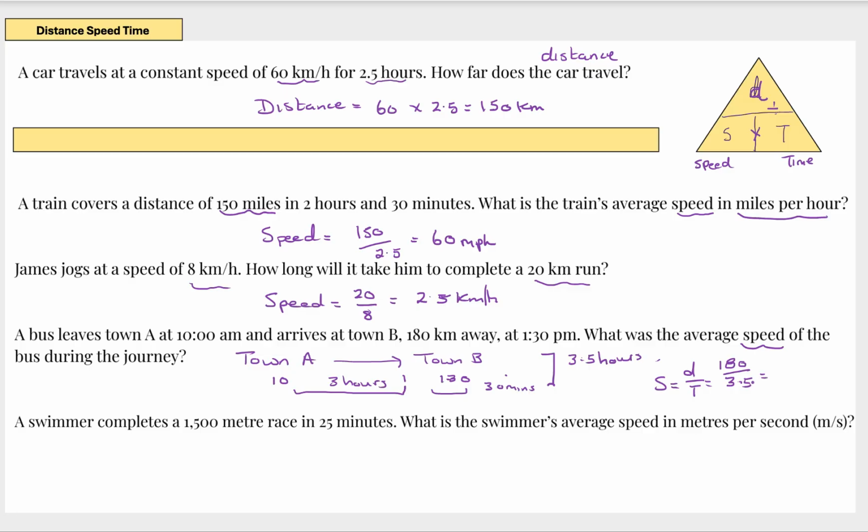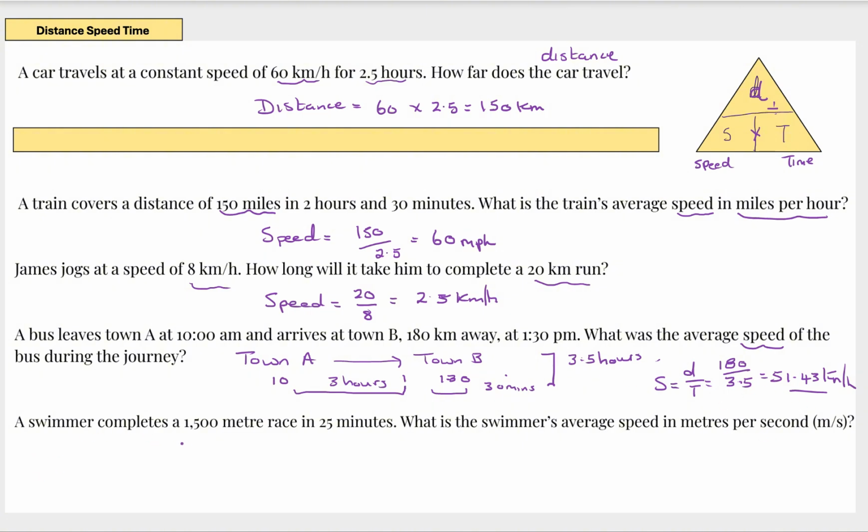Pop that in your calculator and your answer will be 51.43 kilometres per hour. Okay? So this one's just got a little bit more to it, but don't panic. The first step you need to do is work out the time. That's key. And then once you've got it converted, you can then plug it into your formula.